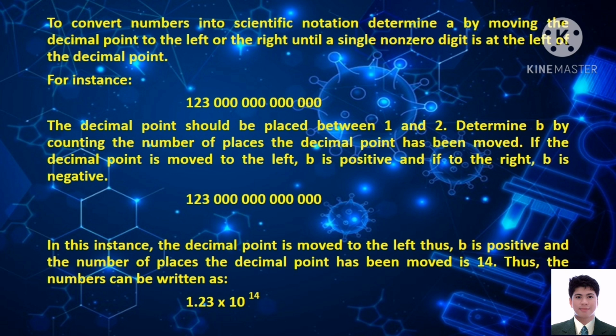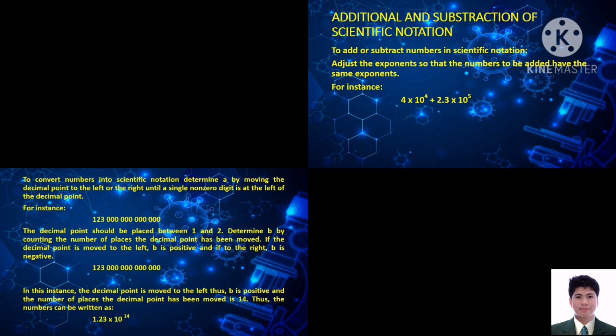In this instance, the decimal point is moved to the left, thus b is positive, and the number of places the decimal point has been moved is 14. Thus, the number can be written as 1.23 times 10 raised to 14.